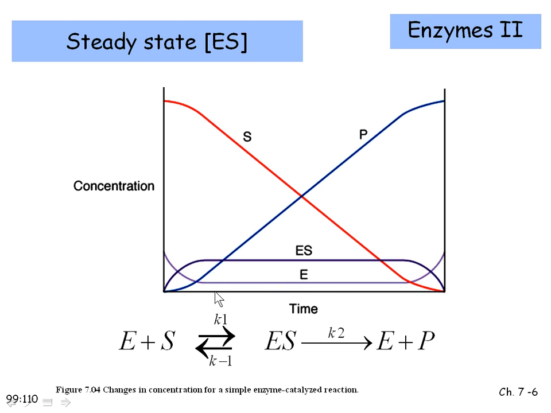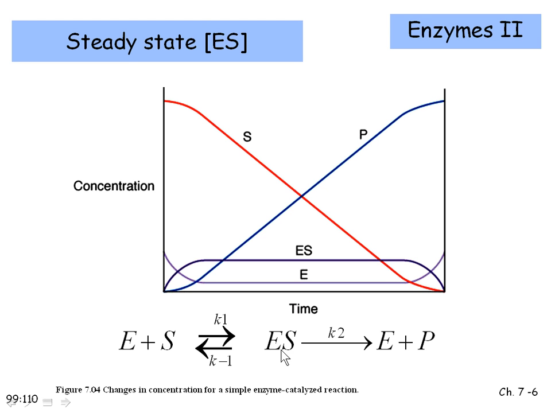So at any one moment after we get past here, we actually have four species: free substrate, free product, enzyme, and enzyme-substrate complex. And what that means is we can represent those motions in equations that look like this. The enzyme plus substrate has some rate, K1, at which it is going to make the enzyme-substrate complex.